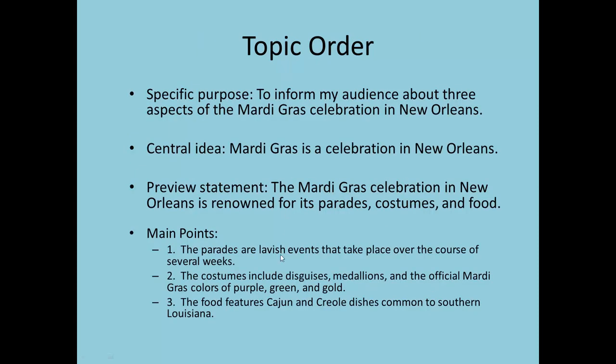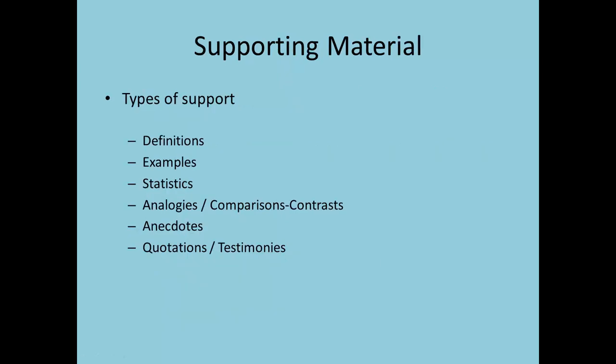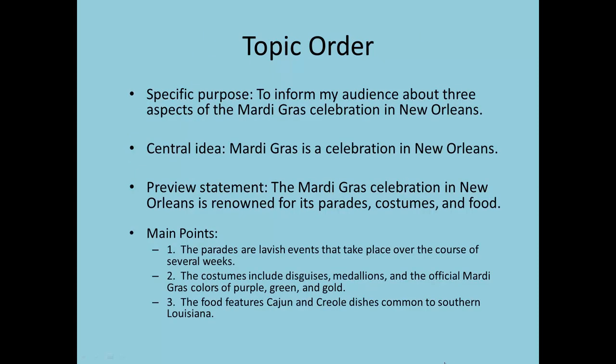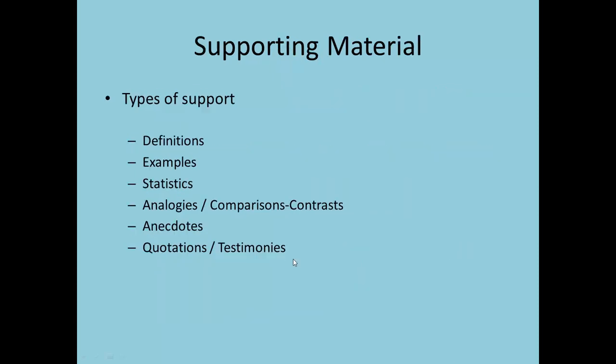When I'm starting with my main point, the parades, I want to use at least 2 forms of supporting material for that first main point. And I want to use multiple forms of support. So maybe I use an example and maybe I use a comparison and contrast.